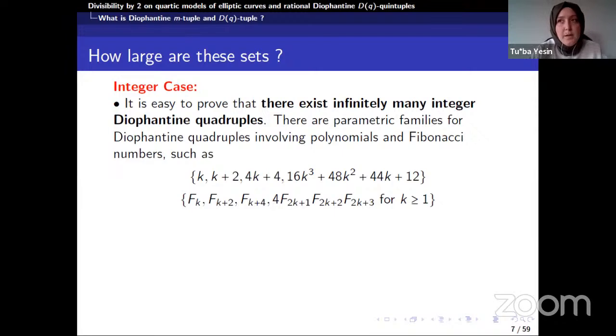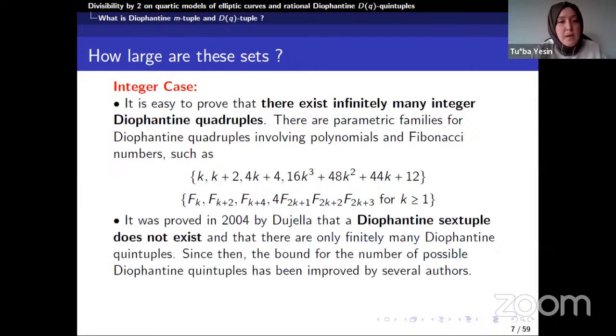After this conjecture, in 2004, Dujella proved that a Diophantine sextuple, I mean 6 numbers, does not exist. And if a Diophantine quintuple exists, there should be finitely many. After this proof, many authors tried to find the number of possible Diophantine quintuples. Up to 2004, they didn't know whether a Diophantine quintuple exists.